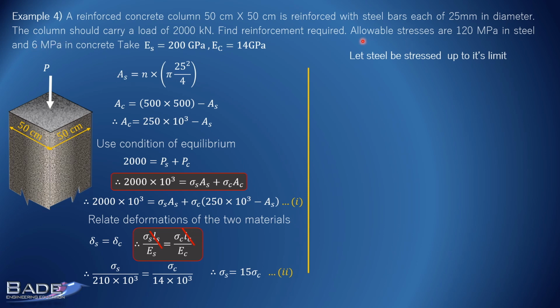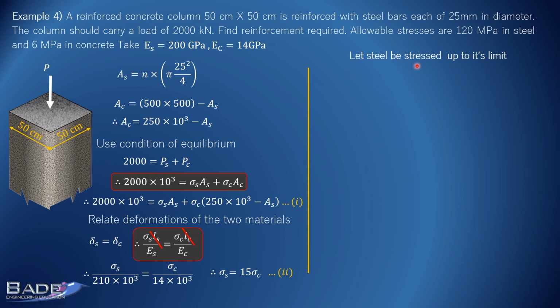So here we are simply instructed that stresses in the two materials must not exceed these two values, but exactly how much is stress in these two materials we are not sure right now. So you cannot use these two values here. Remember this.